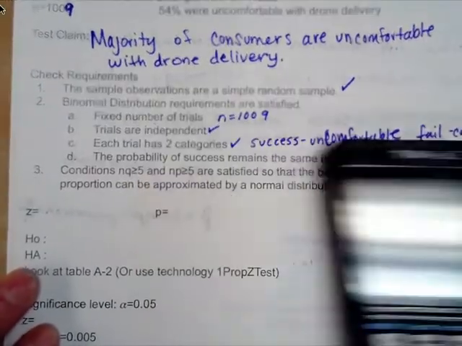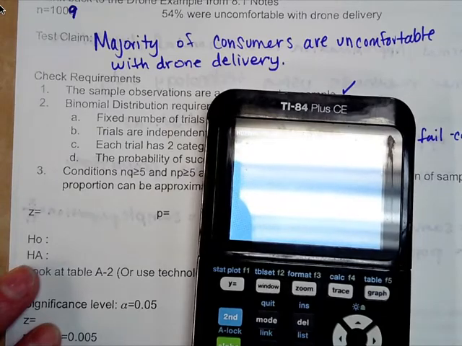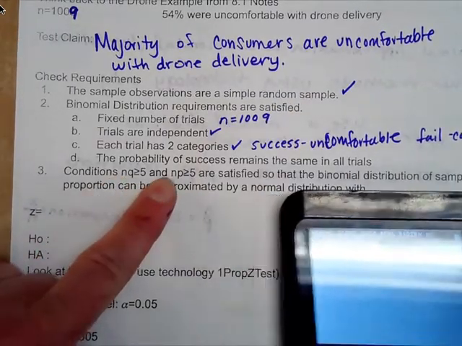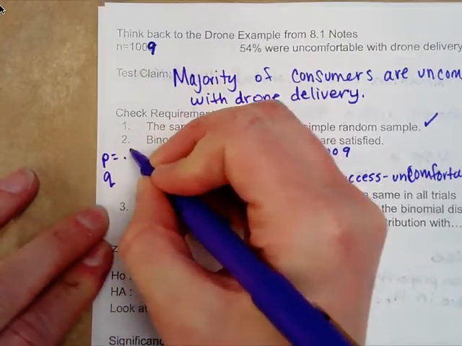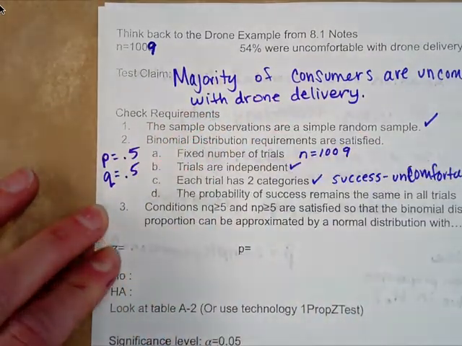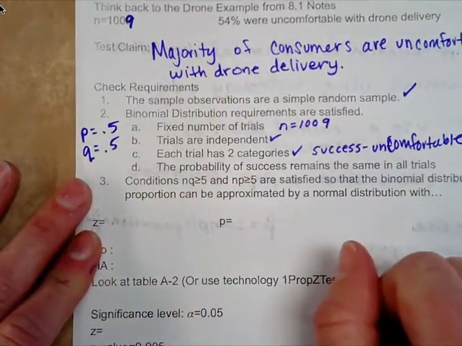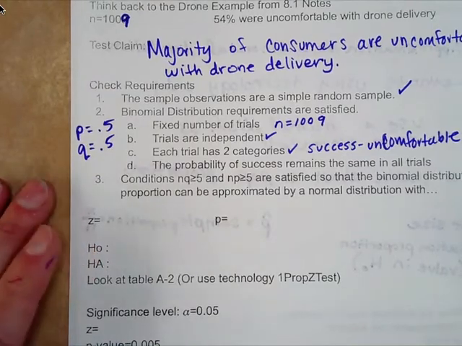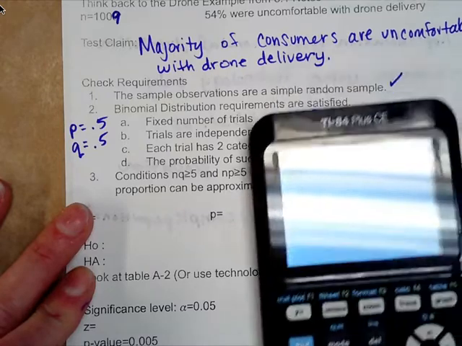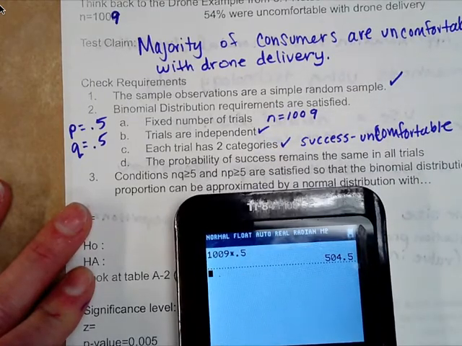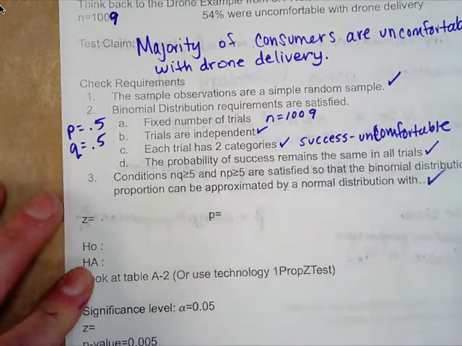So N is 1,000 times Q, and N times P. So Q and P are both 0.5, and that came from the test claim. Majority means half. So if I do 1,000 times 0.5, of course, that's more than 5. So that one's okay.